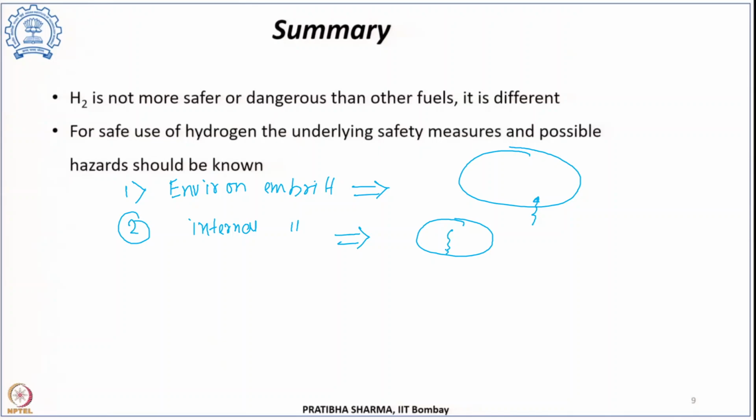The crack will be propagated from the inside to the outside. This is called the internal embrittlement. The first one was the outside hydrogen embrittlement, and the next one is the internal hydrogen embrittlement, where the crack is generated due to the presence of hydrogen inside.